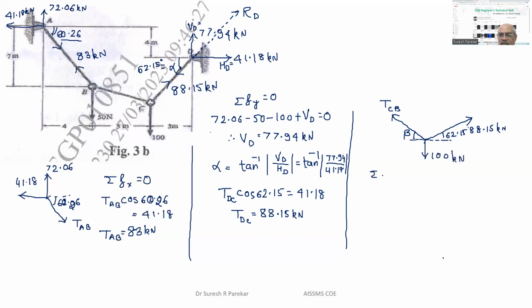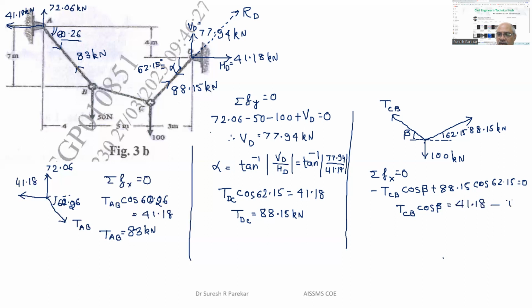Now we can have summation Fx equal to 0, and from this we will get minus TCB cos beta plus 88.15 cos 62.15 equal to 0. And we will get one equation, TCB cos beta is equal to 88.15 cos 62.15. Sorry, this will be horizontal reaction 41.18.